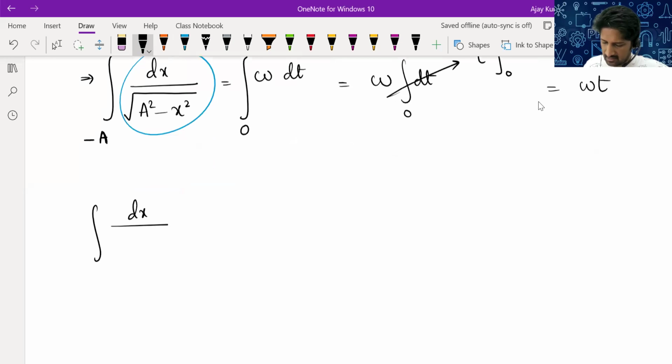So let's write this term aside first, separately. dx divided by square root of a square minus x square. We should integrate this by substitution. Means we should replace x with something else.